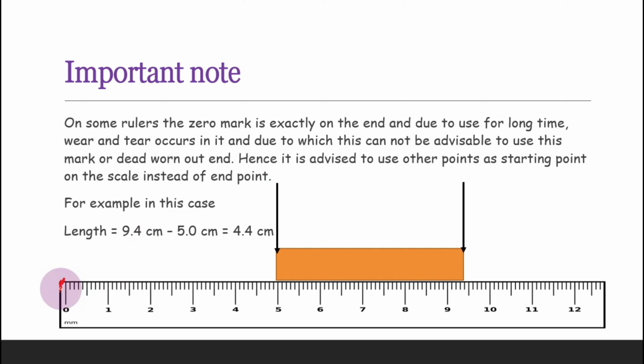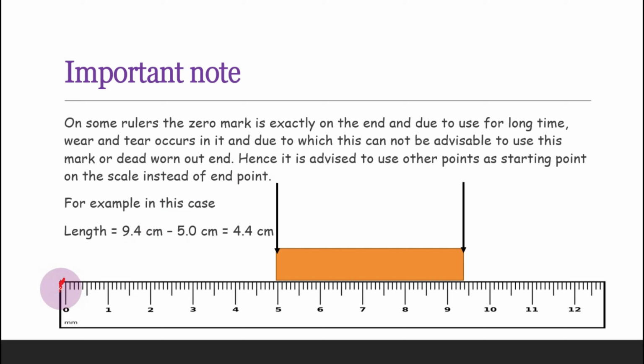So instead of putting the block here, you can put it somewhere here, measure this location and this one, and subtract this from this. That gives you what? The correct answer.